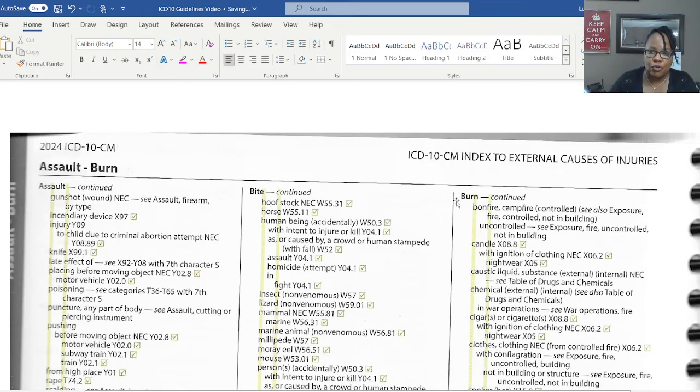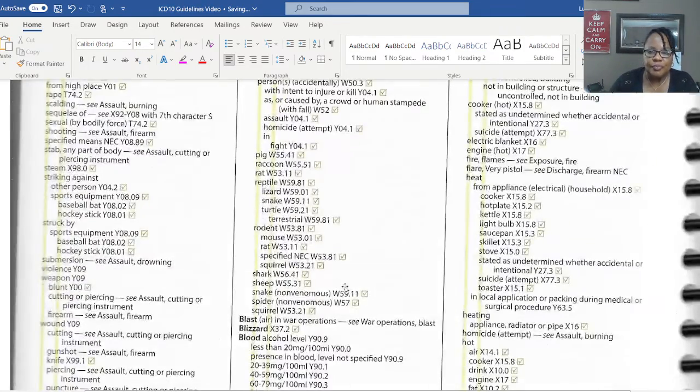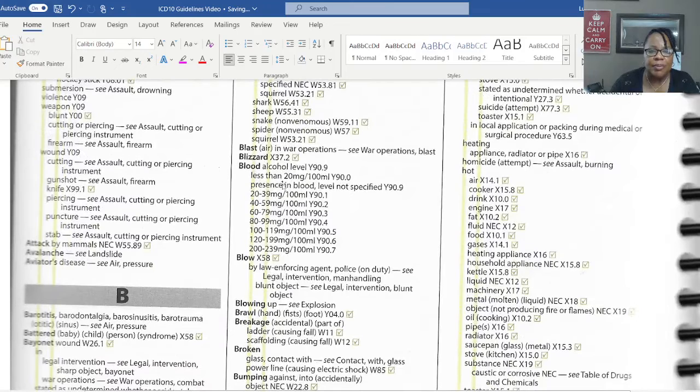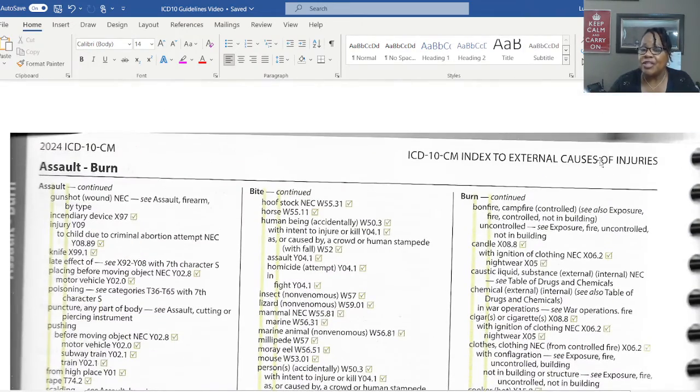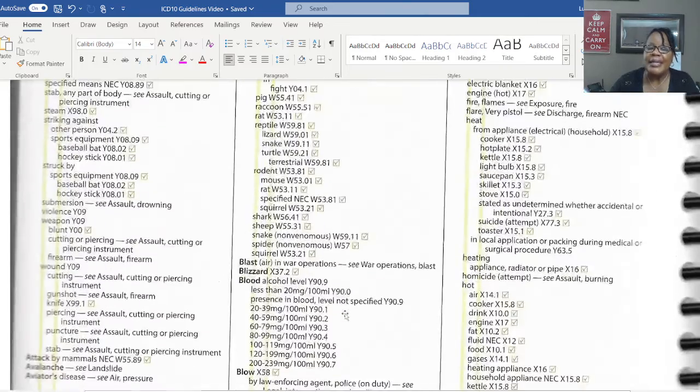We're going to go down to blood alcohol level right here. And you find the blood alcohol level, 20 to 39, there's your codes. These are your codes right here. But again, you find these in the external cause of injury index.